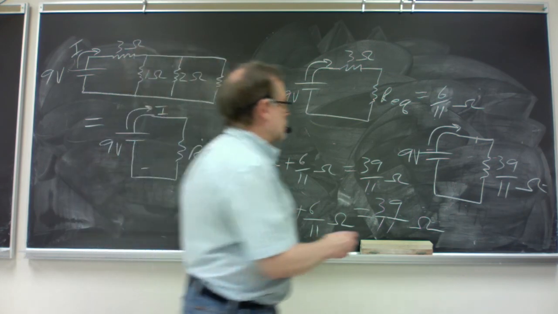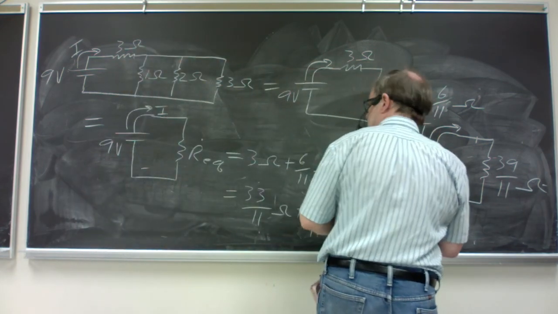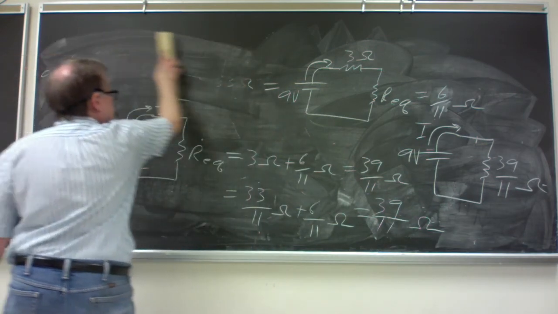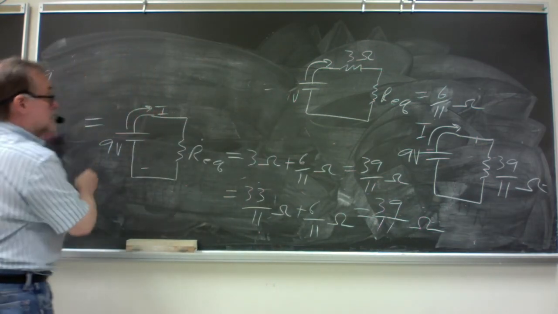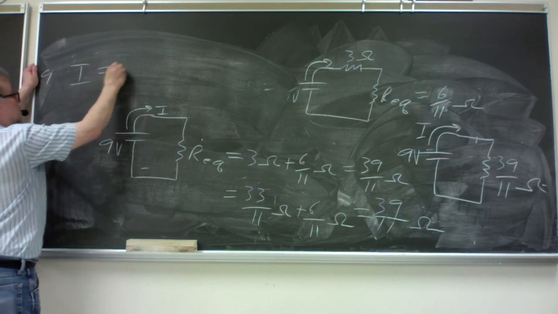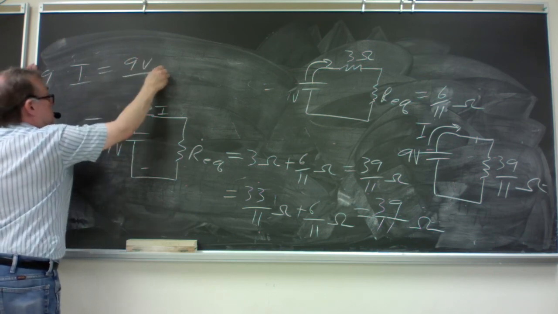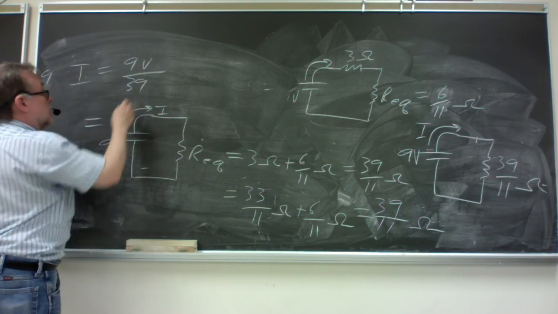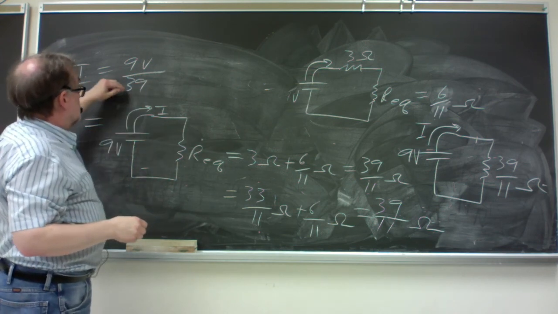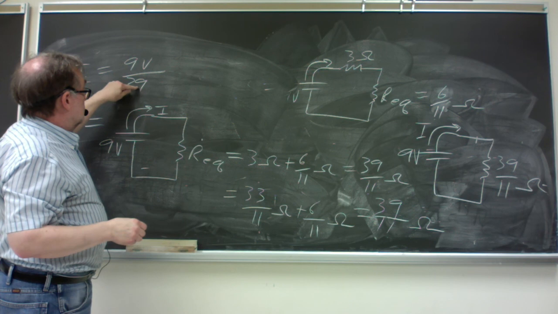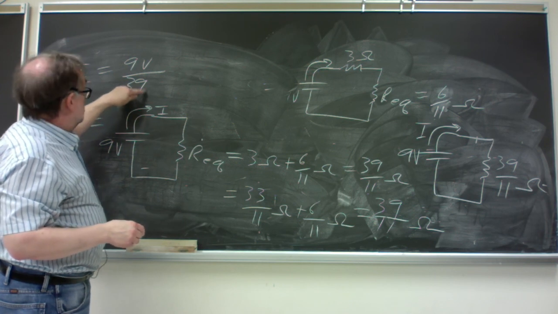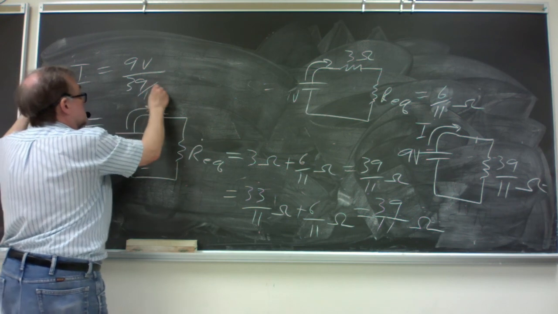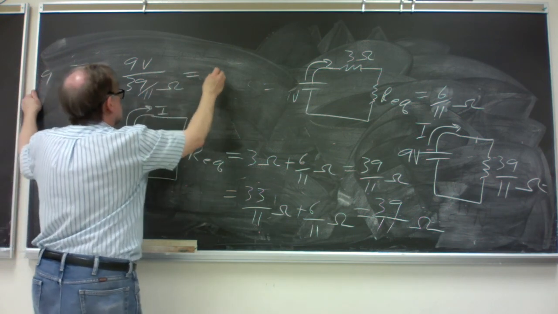So the actual value of that current, just do Ohm's law, the actual value of that current is potential difference 9 volts divided by the resistance, which is 39/11, or you've got a 1/11 in the denominator, so it makes more sense to have that as a times 11 in the numerator.